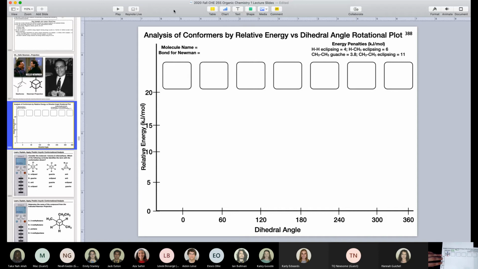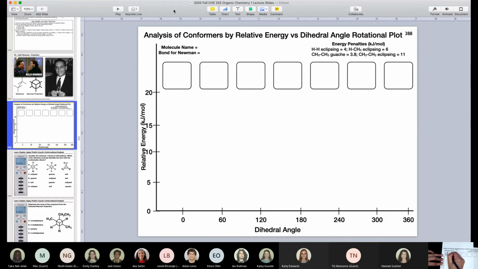We're going to do a clockwise 60-degree rotation of the front carbon. Let me just keep the back stuff constant. So we haven't done anything with the back carbon.